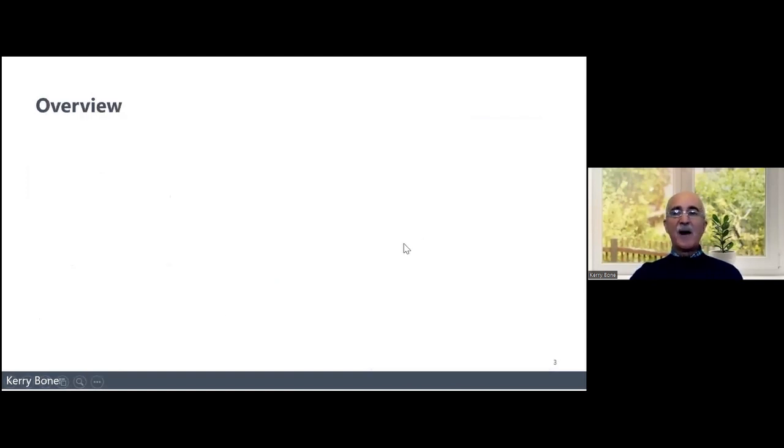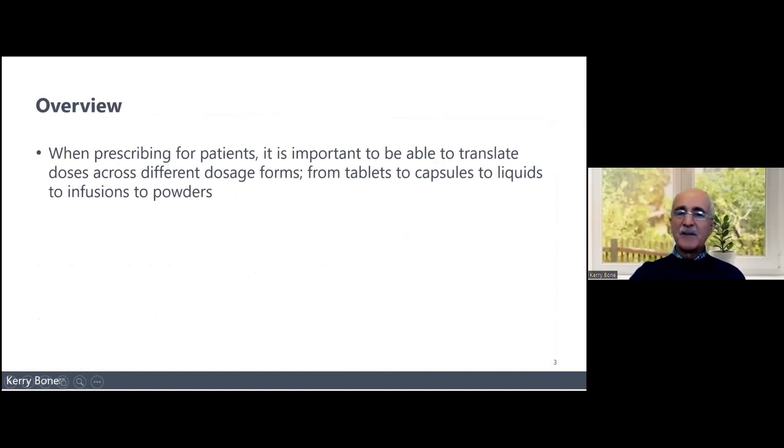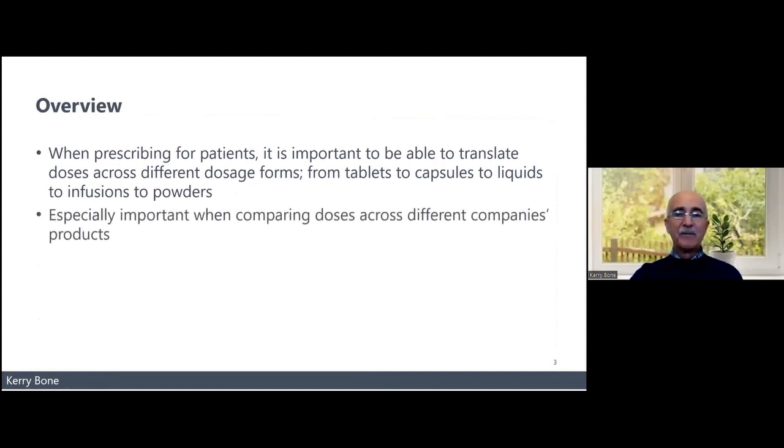So beginning with our overview, when we're prescribing for patients, it's important that we can translate doses across the different dosage forms, including even infusions and powders, as well as the standard tablets and capsules and liquids.